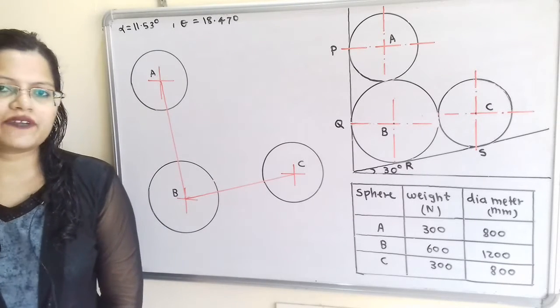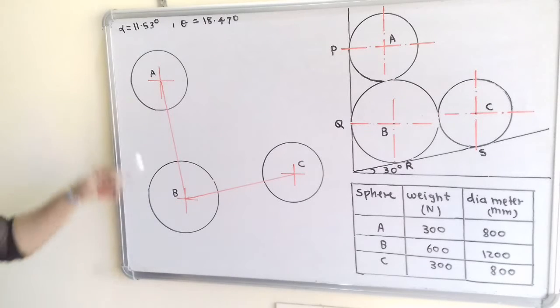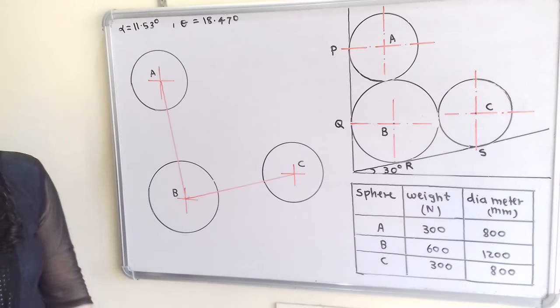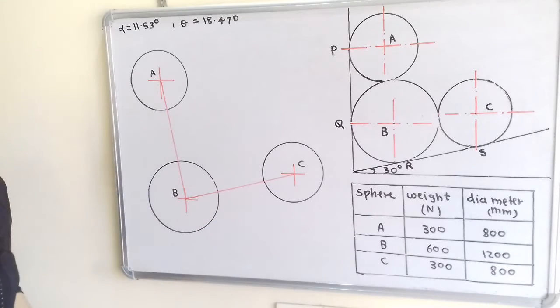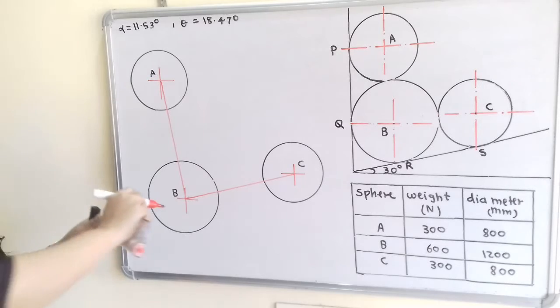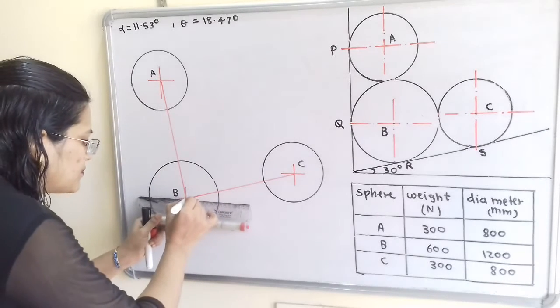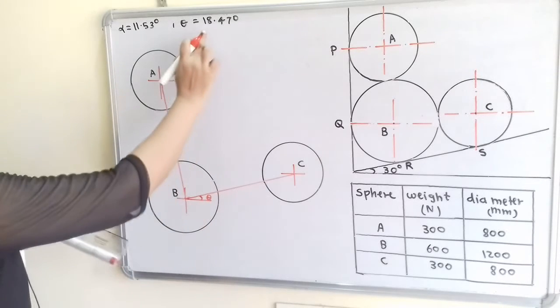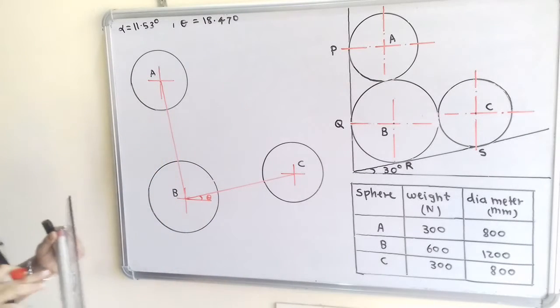Now we will draw the free body diagram. We will draw the same spheres A, B and C, but some distance apart. Now the inclination of this line BC, we know that it is equal to theta. So we will show here the angle of inclination of this BC, that is nothing but theta with the horizontal, and it is 18.47 degree.